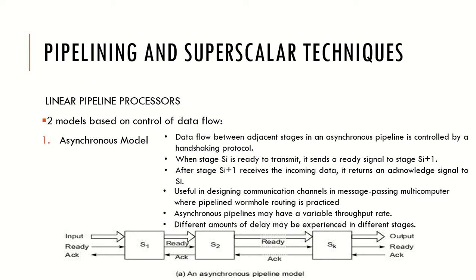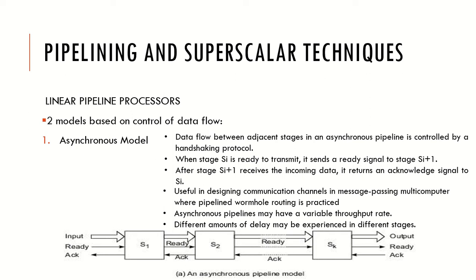These ready and acknowledge lines help to successfully transfer the data between the successive stages of the pipeline. When a stage is thinking to pass its output to the next stage, first it has to request the receiving stage to know whether it is ready to accept the incoming data.